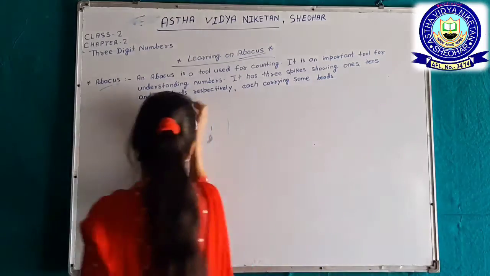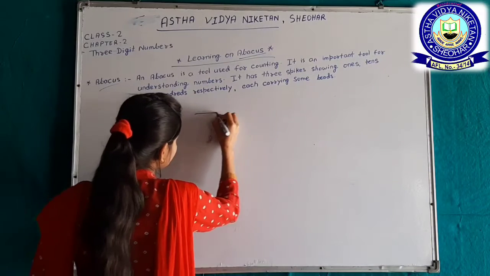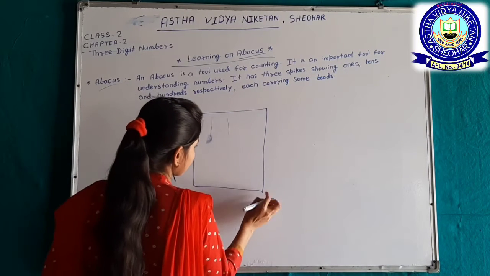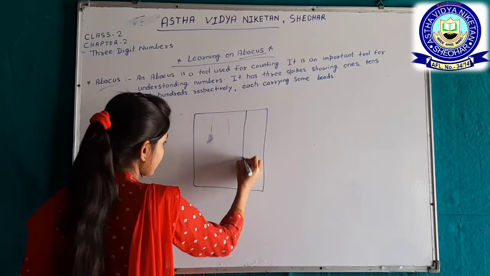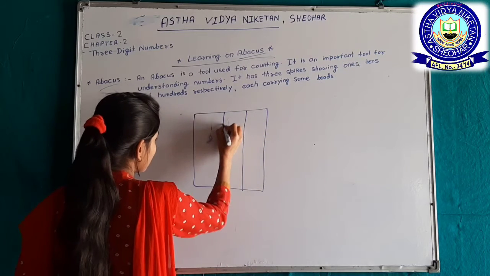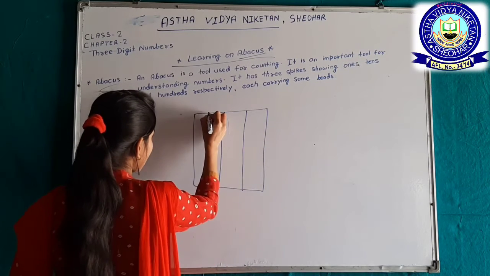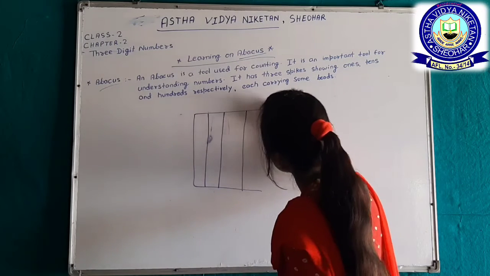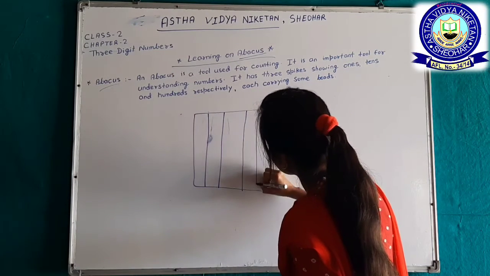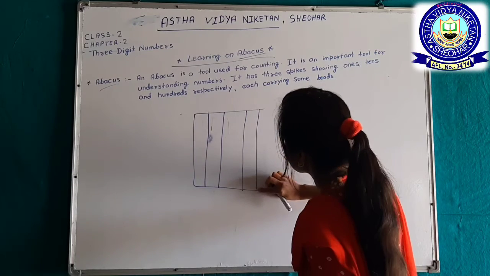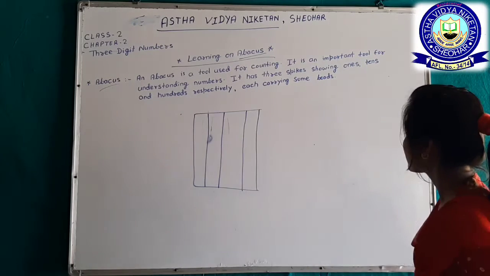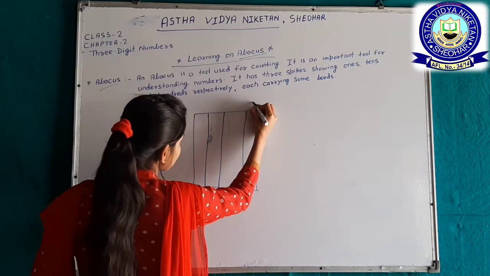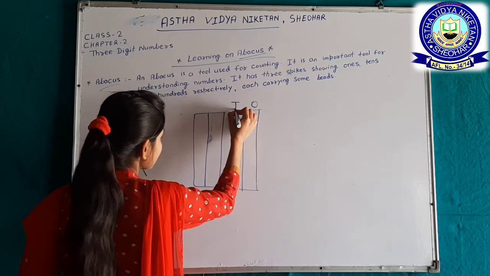So here, this is our abacus. It has 3 spikes, 1, 2 and 3. Each spike has some beads.